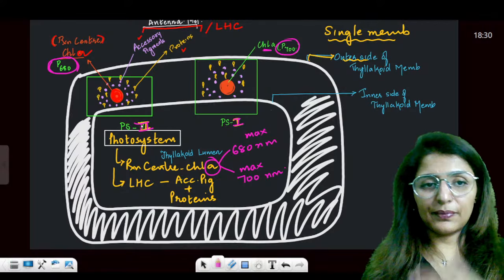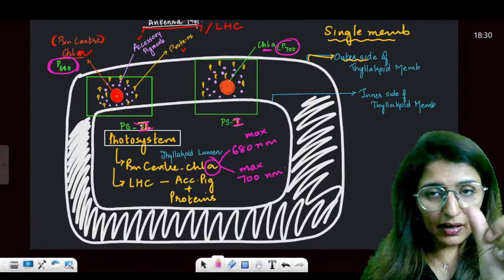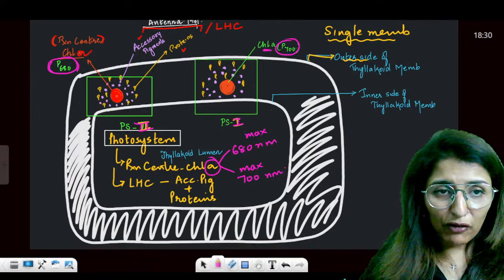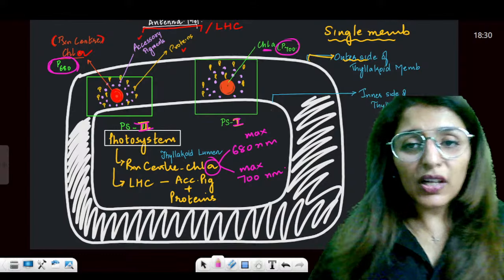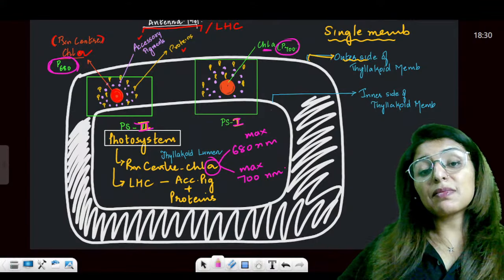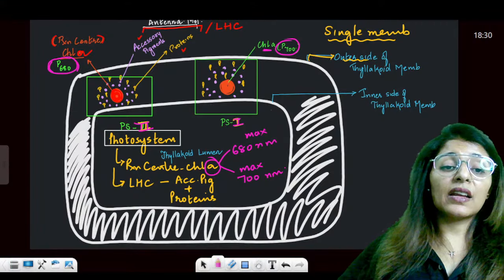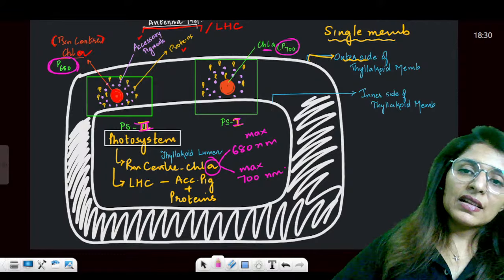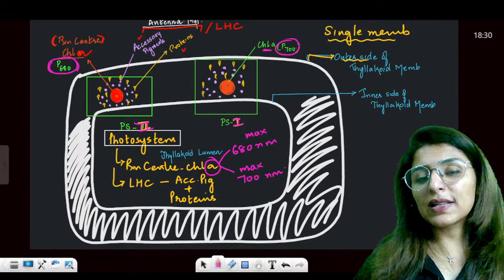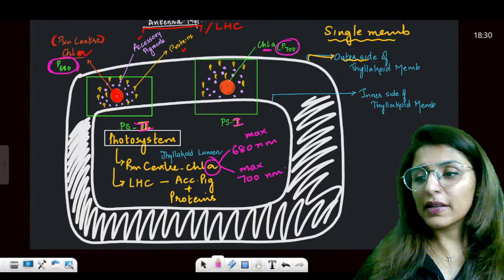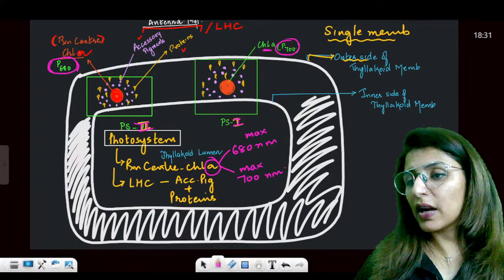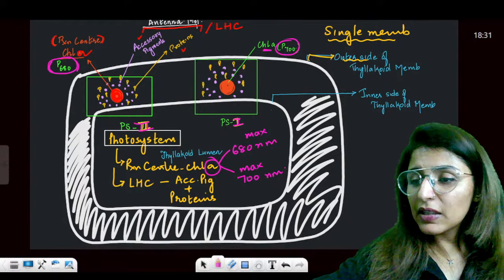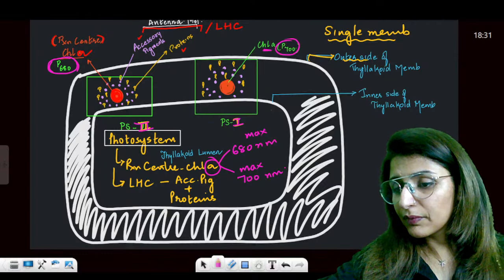Are you getting that? So what does the number written in the subscript of P indicate? 680 means the maximum wavelength of light that it can absorb is up to 680 nanometer, and P700 has a higher ability, so the maximum light absorbed by this one is up to 700 nanometer. Please tell me that these points are clear to you all.